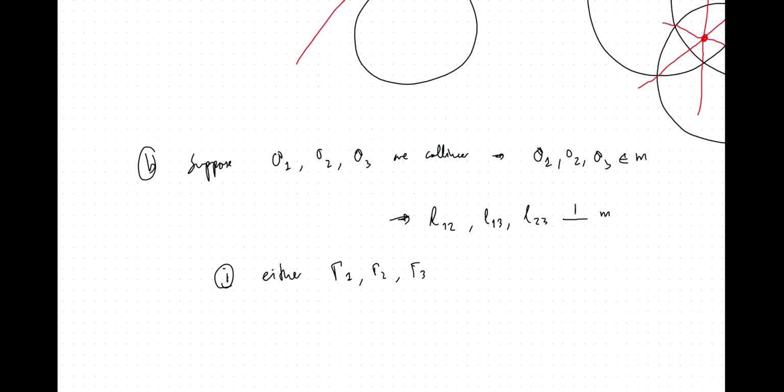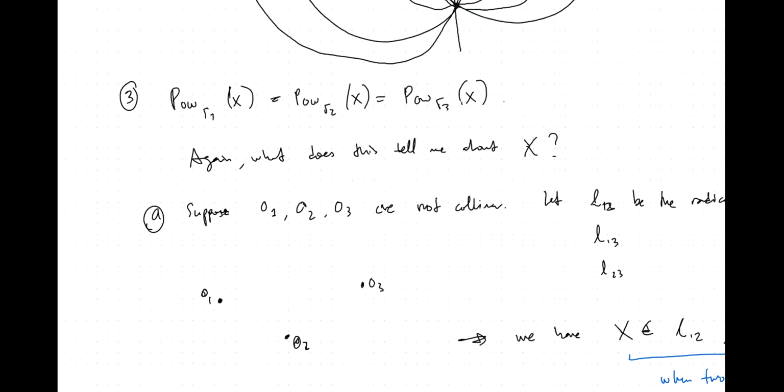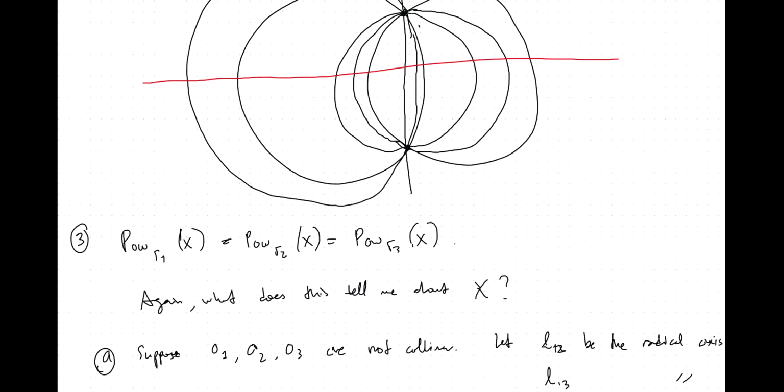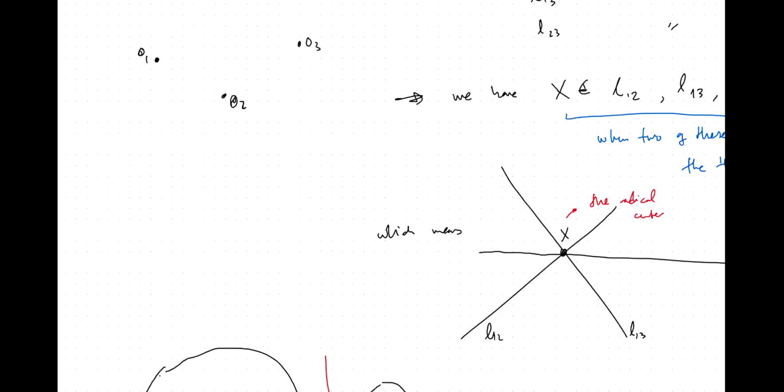Otherwise, when the three centers are collinear but the circles are not on a pencil, there is no radical center, no solution for this equality. But when the centers are not collinear, this is the non-degenerate situation, the general situation, there is a single radical center.